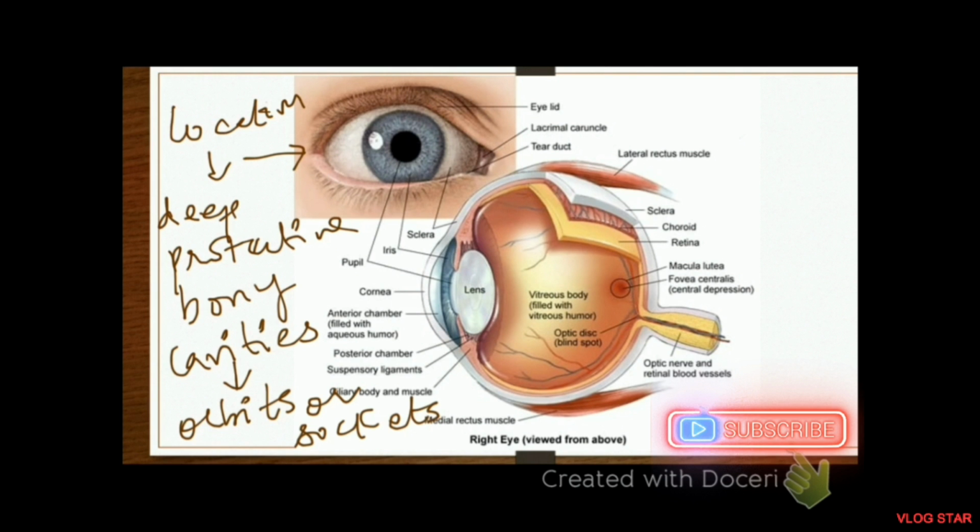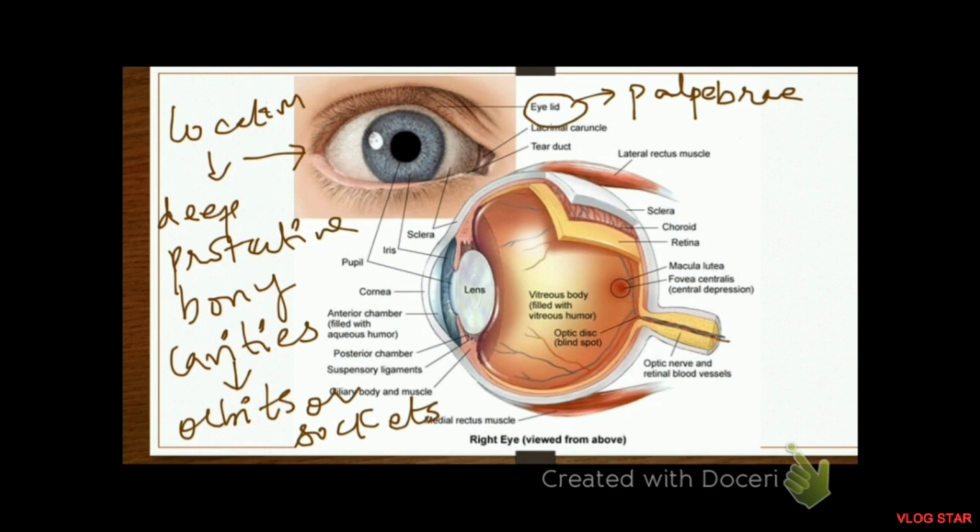Now when you look at the eye, the first and outermost thing that you look at is the eyelid. The eyelid is also scientifically called palpebrae. So basically we know that the eyelid helps us to blink our eyes, right?